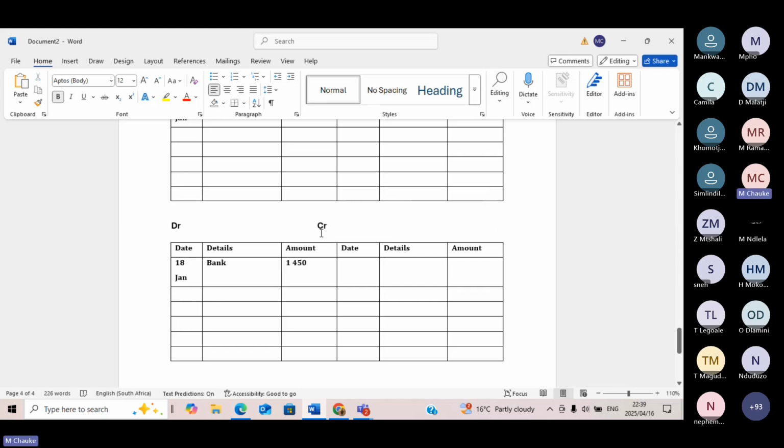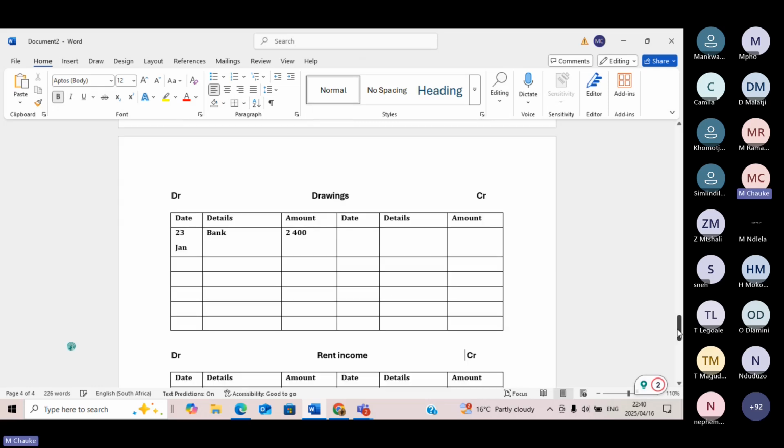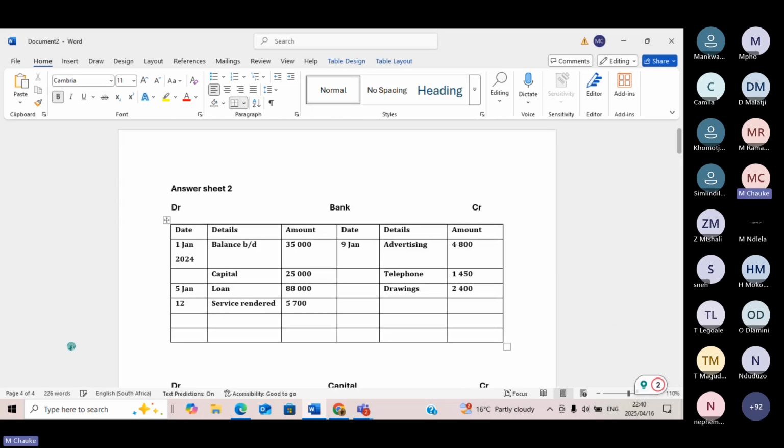Now for rent income, we're receiving money from our tenant, which is our client, right? So when we receive money, our bank is going to increase. Do you agree? So when our bank is increasing, we go to the bank account on the credit side and say rent income.